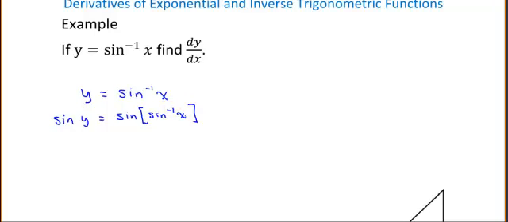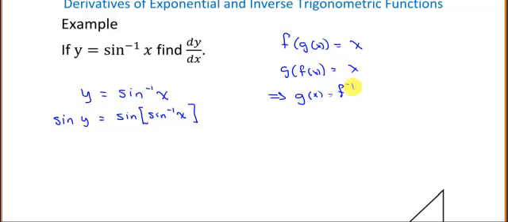Now remember the property of the definition of inverse functions: they're functions which compose with one another to form the identity. So if f composed with g of x is equal to x, and g composed with f of x is equal to x, then g is equal to f inverse.